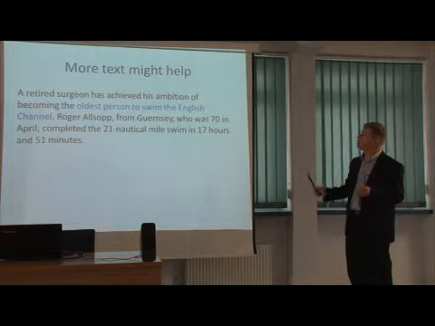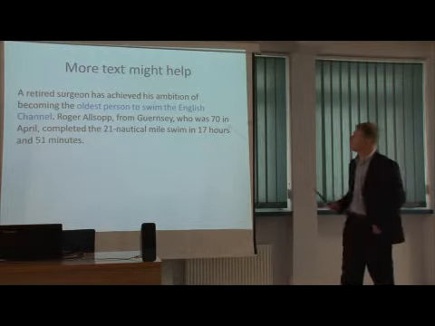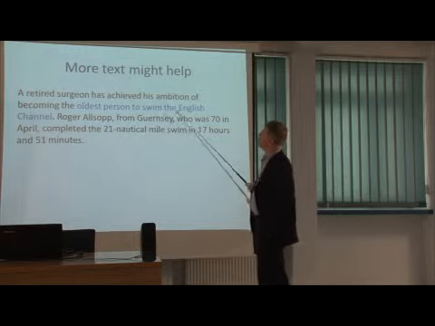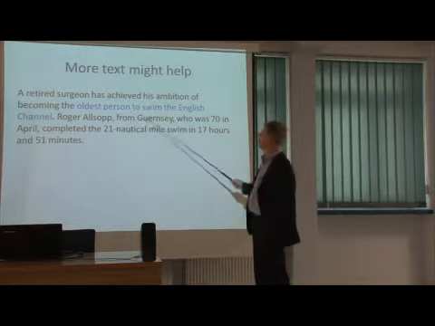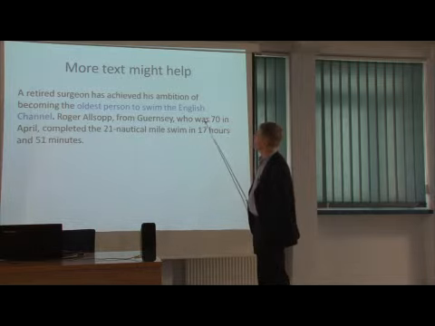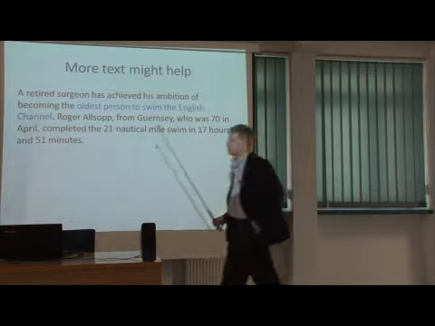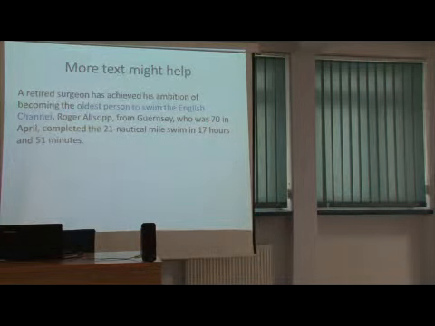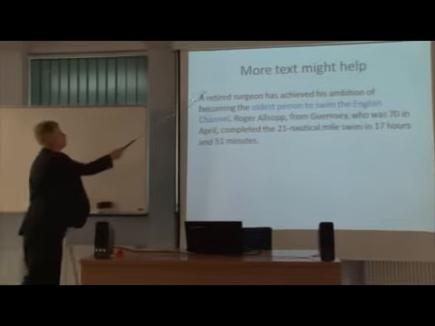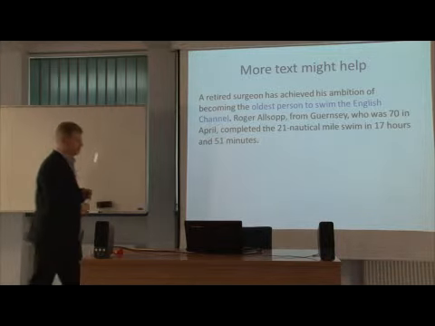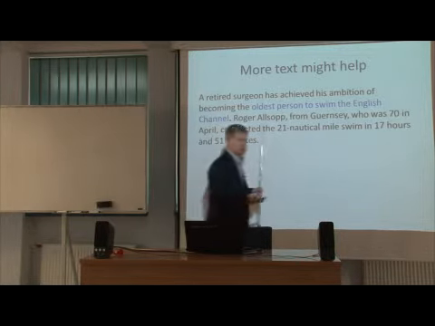Here we have another piece of text: oldest person to swim the English Channel. So this is a pretty good text, and we have the age of 70. While the other text comes from Wikipedia, this piece of text came from the web. So what is the problem? The problem is that the web information is not necessarily reliable.